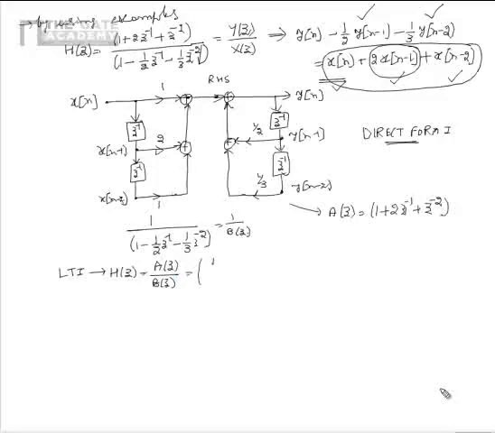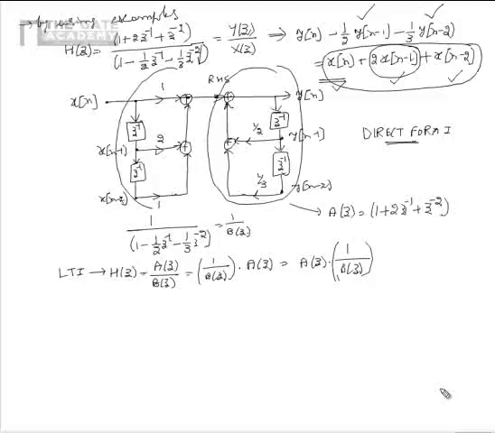Currently, we realize the filter structure as 1 by B of z multiplied by A of z. As the system is LTI, the same can be realized as A of z multiplied by 1 by B of z. That is, by swapping the right hand side structure and the left hand side structure, we can still realize a block diagram that corresponds to H of z.